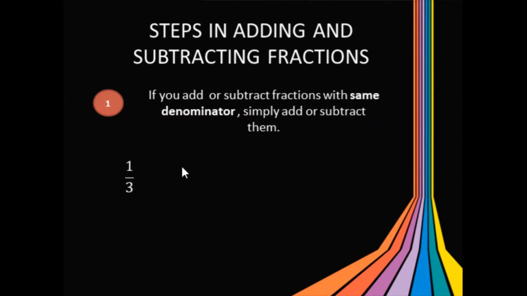For example, I have here 1/3 plus 2/3. See, the denominators are both 3 and 3. If you can see this kind of fractions, you don't have a problem adding or subtracting it. You just have to add the numerator and copy the denominator.